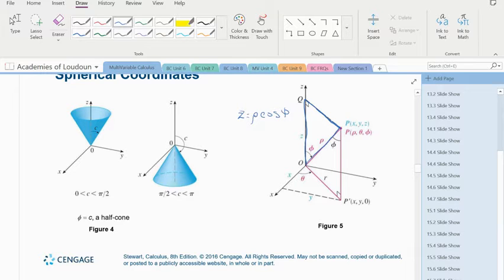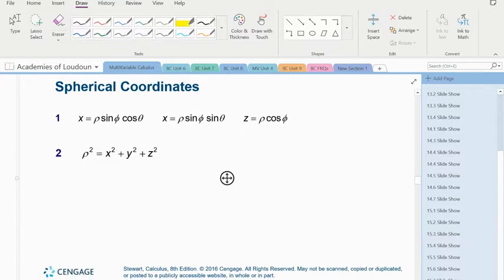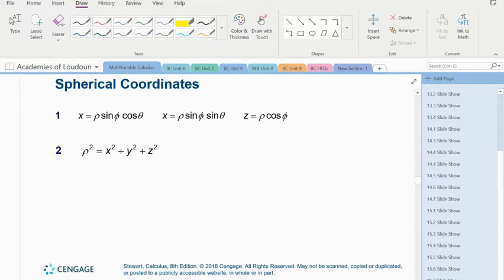And from triangle OP prime, we have that r is rho sine phi. Because we know that x equals r cosine theta and y equals r sine theta, we can convert from spherical to rectangular coordinates using the following equations.